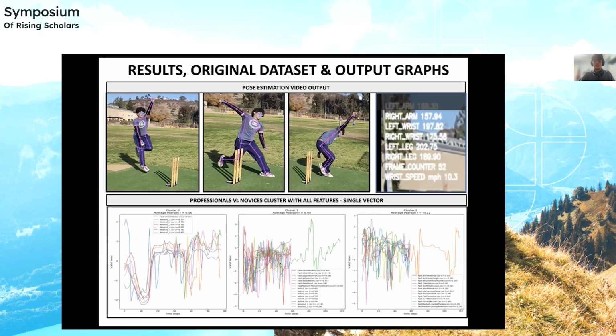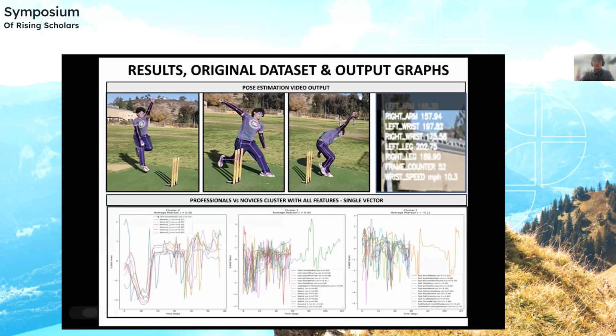The first output graph is one with a single vector, which means all the variations in the 17 parameters we talked about are combined into a single vector, and that vector is compared. As you can see, there are three different clusters going on here. And as you can see by the correlation coefficient, it's not going to be super high because obviously sports has a lot of variation, but you would expect a moderate level, which we do see here.